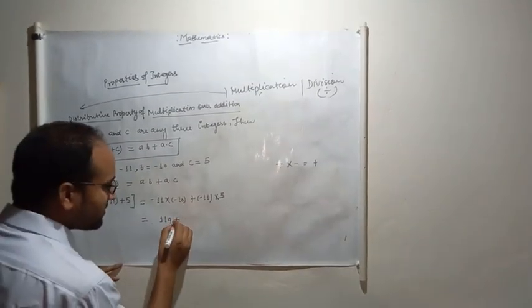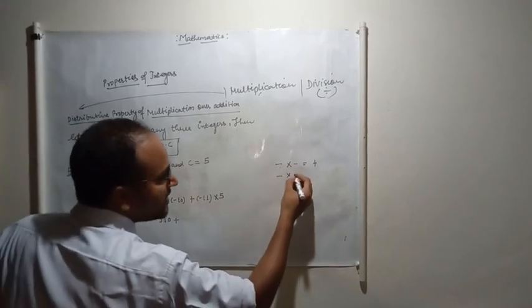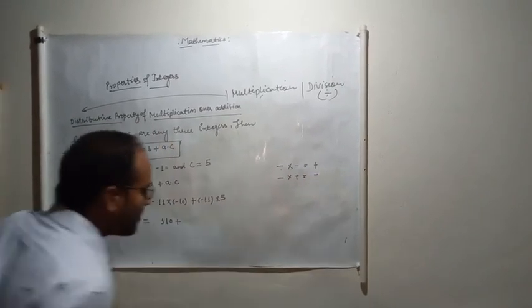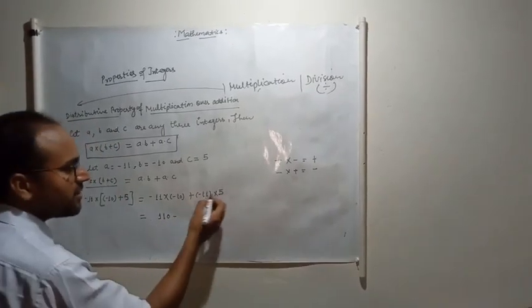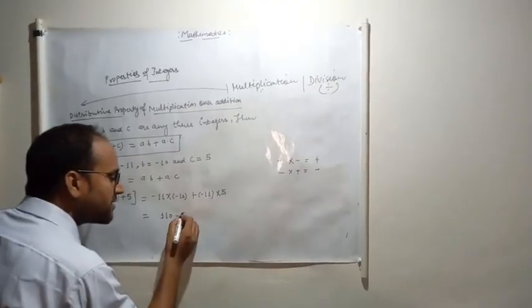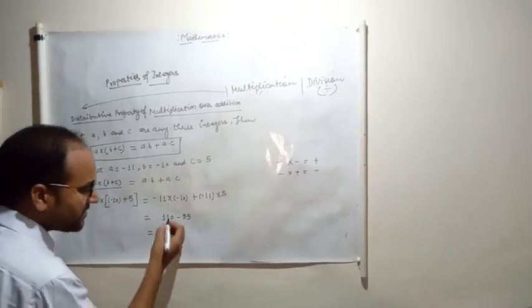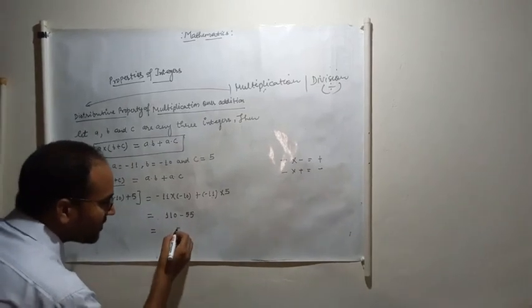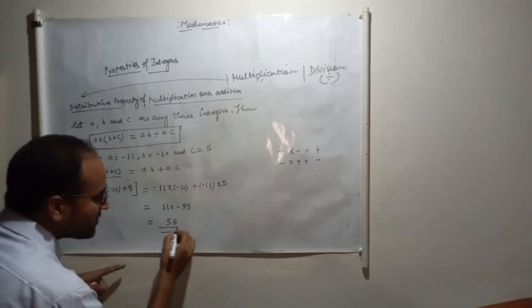Here is a plus, and minus is multiplied by plus, you always get minus. So minus 11 multiplied by 5, you get minus 55. Subtract this one: 110 minus 55 you get 55. So this answer is 55.